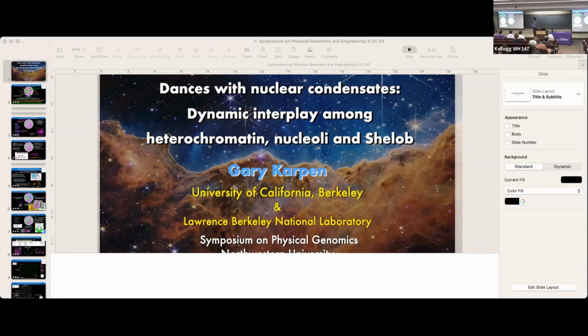And so the idea is that stronger homotypic interactions, that is homotypic with respect to each condensate, so HP1-HP1, SHELOB-SHELOB, is what drives the formation of separate condensates as they emerge from this diffuse pattern into this separated pattern, so demixing. But it's the weaker heterotypic interaction between SHELOB and HP1 that drives the actual layering, the association of those condensates together.